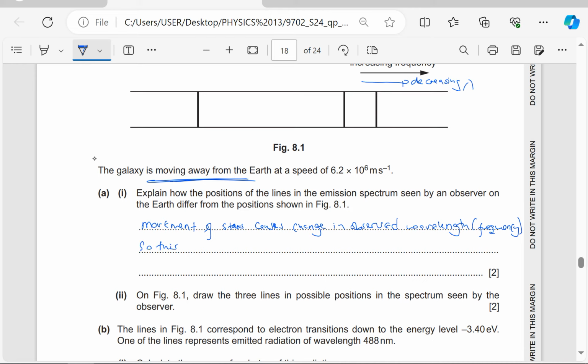So this causes a redshift. Hence, the observed wavelength is greater than the emitted wavelength.